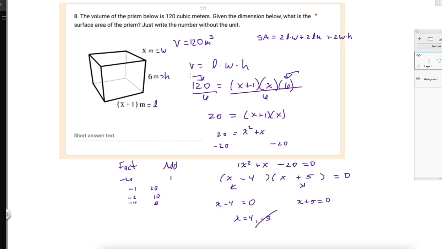So that means our width is going to be 4. Our height is already 6 and our length is 5. Now we're going to put that into our surface area equation.